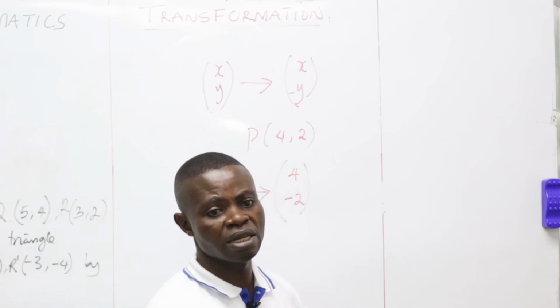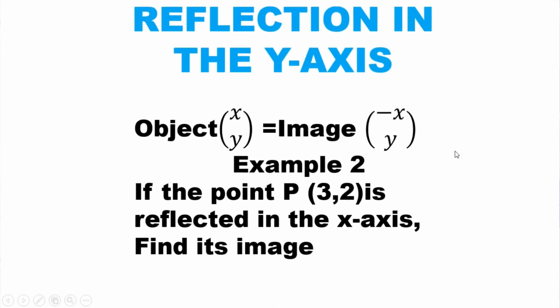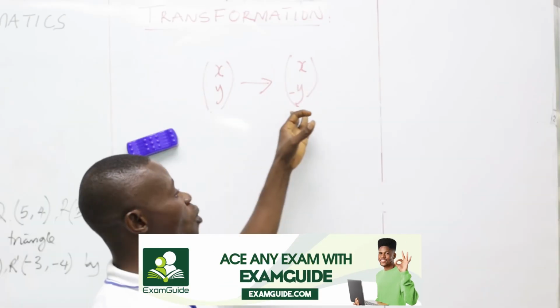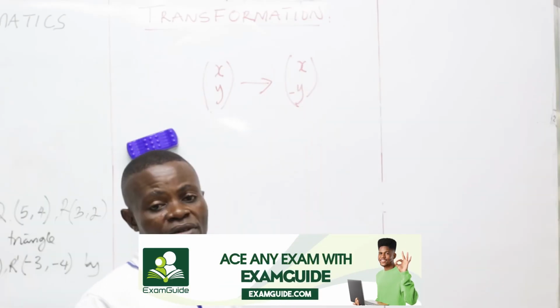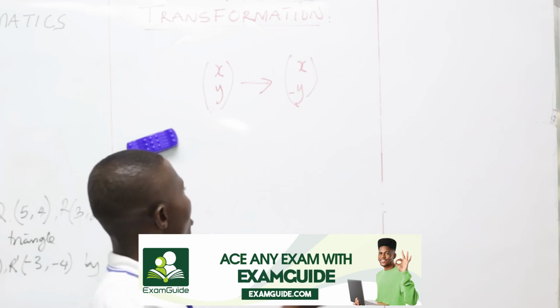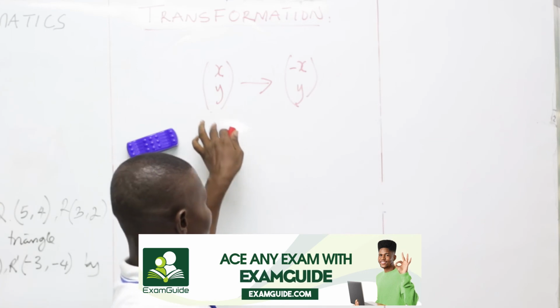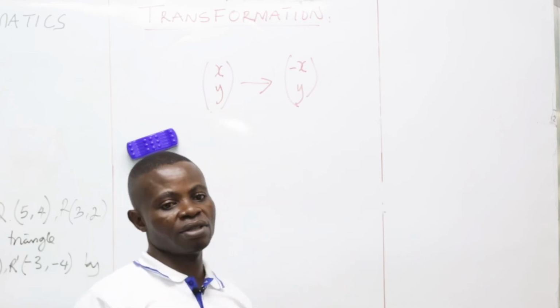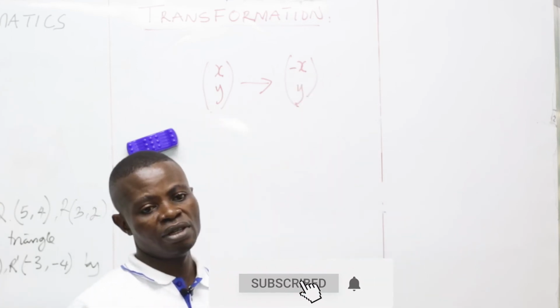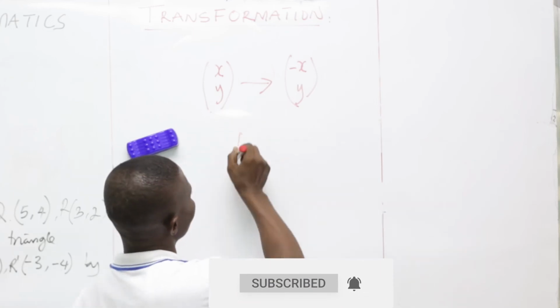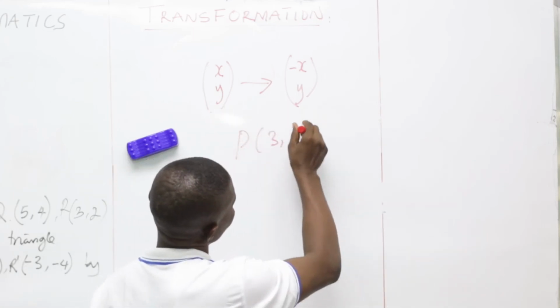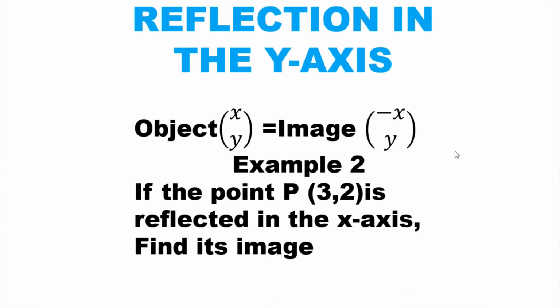What will happen and what is its formula? It's just the opposite of what we've done when it is the X-axis. For the X-axis, Y takes the negative. Then for the Y-axis, X will take the minus sign. So the image when it is reflected in the Y-axis is this. See the image. Look at the question. The point P (3, 2) is given to us.